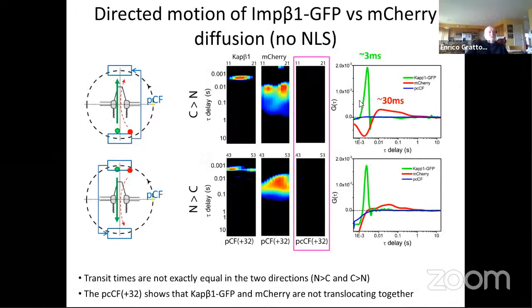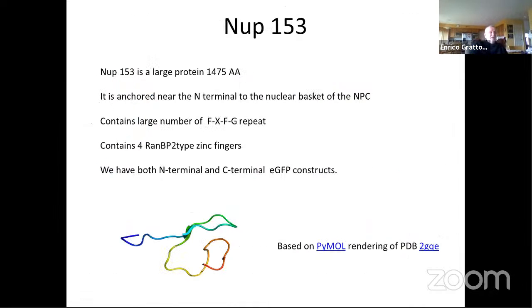So now let's go on with that part. And the question is, among the many proteins that we have in the nuclear pore complex, is there a protein which also moves together with the cargo, which means some causality in the motion of the cargo? And so we choose a molecule which is NUP153, which is a very large protein, has 1,475 amino acids, is anchored near the N-terminal to the nuclear basket of the nuclear pore complex.